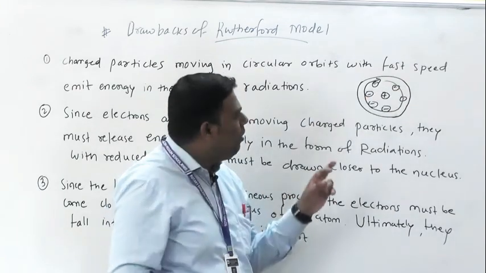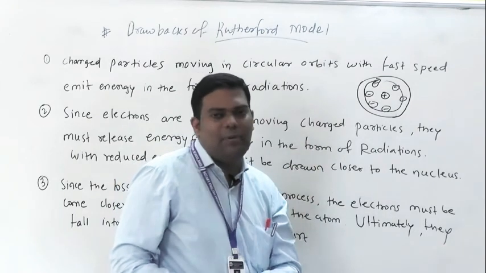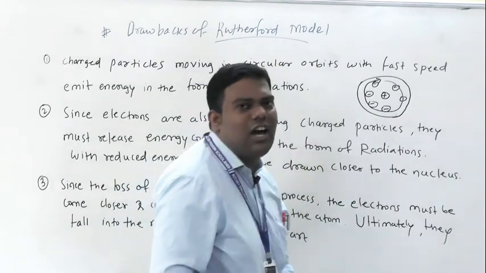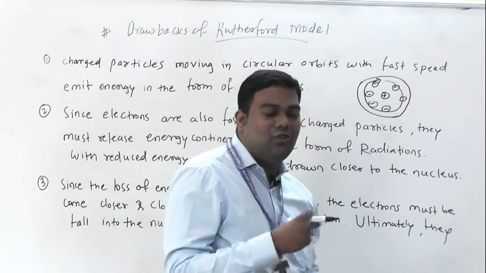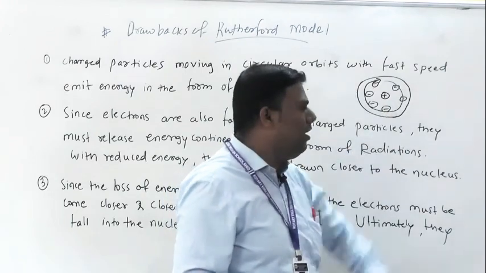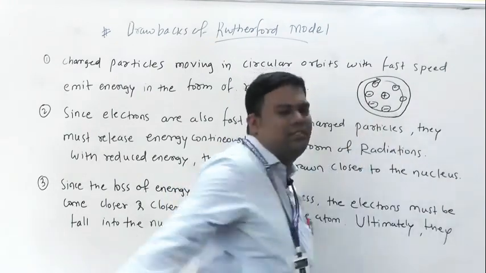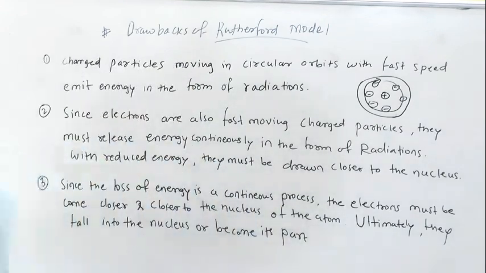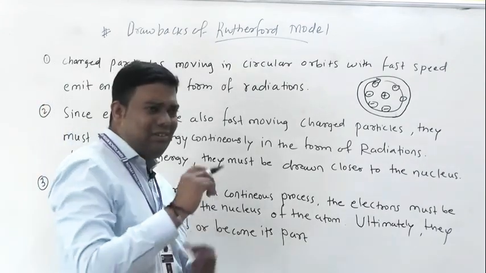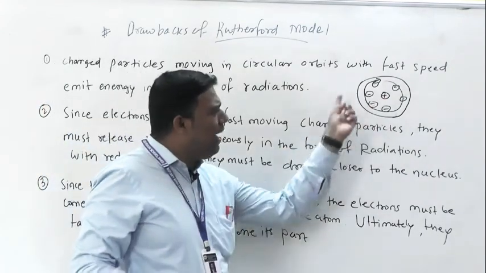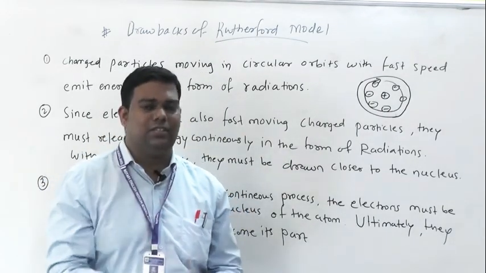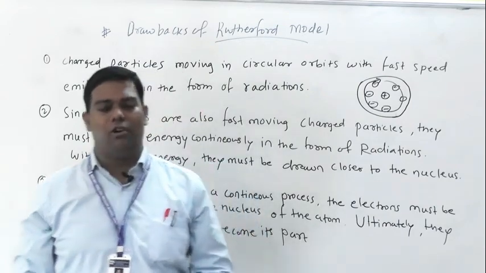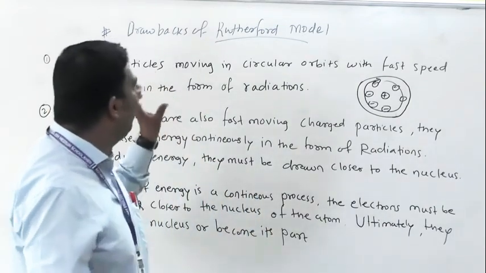But actually this does not happen. The size of the atom remains the same although the electrons are revolving in circular orbits. So these are the important drawbacks of the Rutherford atomic model.